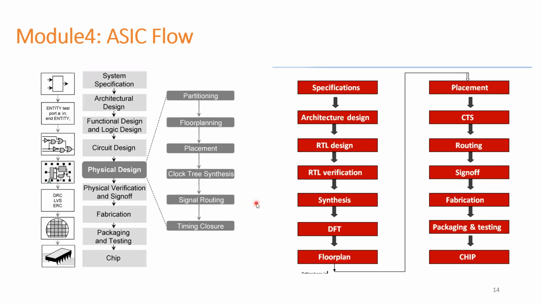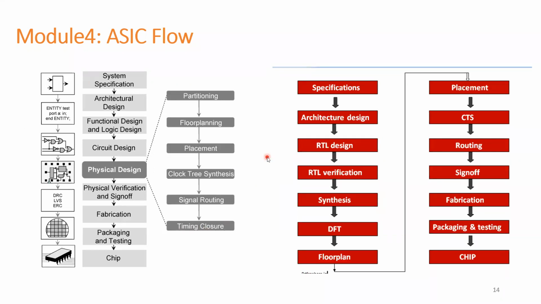Once routing is done, we will have to give the database to a timing team. So the timing team is static timing analysis team. They will run the static timing analysis and they will analyze the setup and hold timing and other max tran, max cap, if there are any other DRVs such as min pulse width, min period violation. They will analyze it and they will generate the timing ECOs accordingly.